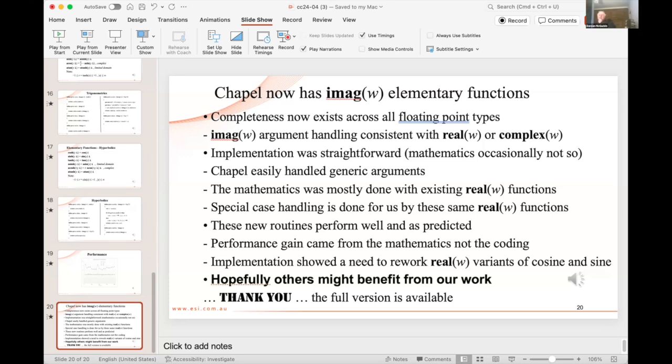It's actually in no other language, in the sense that it's been part of the C standard since C99, but nobody's implemented it.